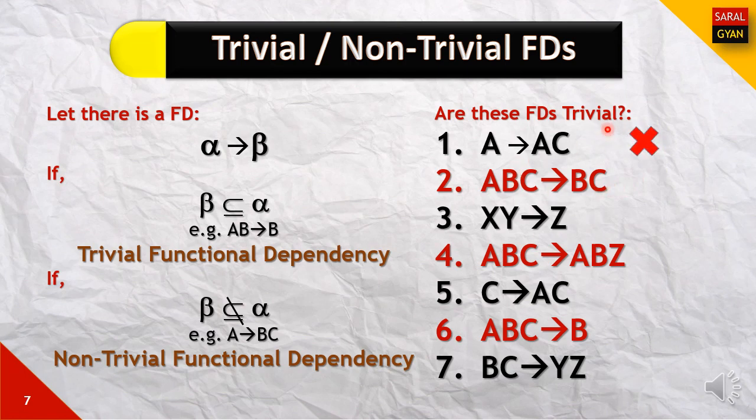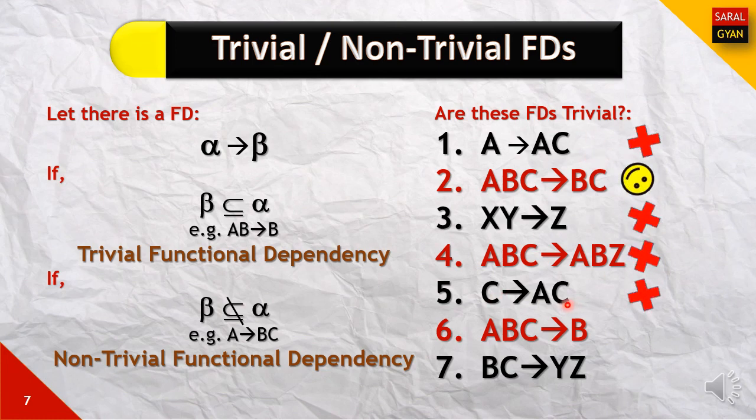We have to test whether they are trivial or not. Trivial needs all the attributes at the beta side to be available on the alpha side. Here B, C: both are available on the alpha side. This is trivial. X, Y to Z is again non-trivial because Z is not available. A, B to Z: A, B are available but Z is not available. So this is again not a trivial functional dependency.